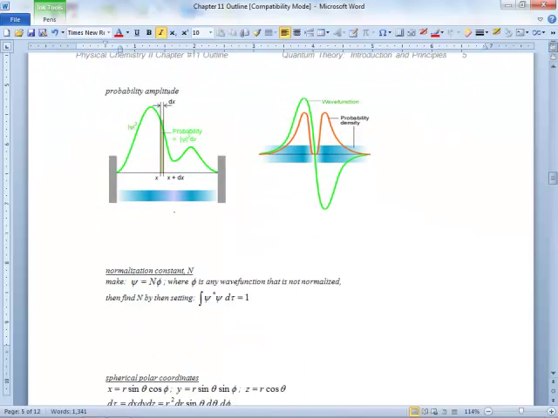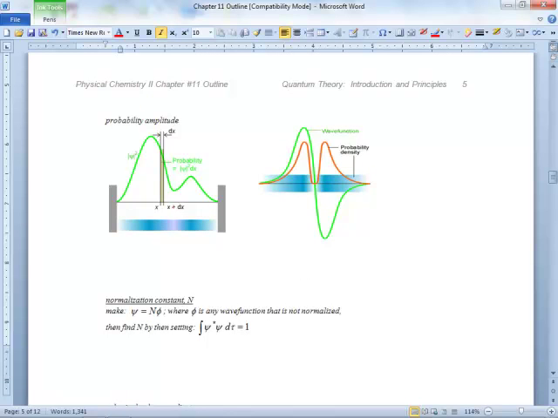So how is this stuff useful? Now for these wave functions, see how they have, this green one is the wave function.